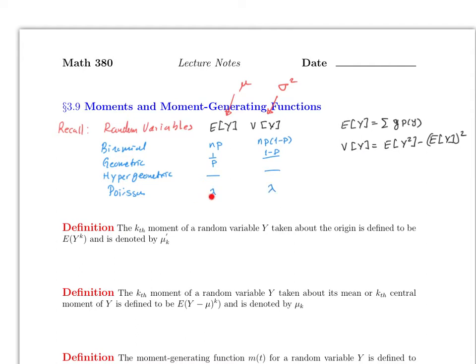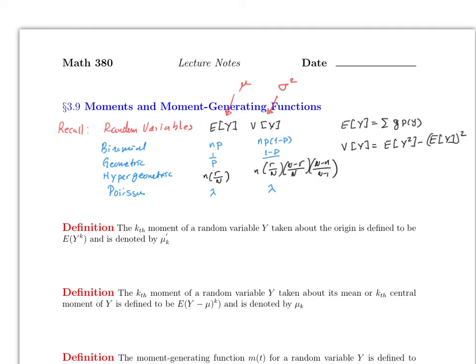Remember, this was the only distribution where the mean and the variance are the same. So the hypergeometric mean is n times r over capital N, and the variance is n times r over capital N times 1 minus r over N times N minus n over N minus 1. All right, so again, this is what we've done so far.